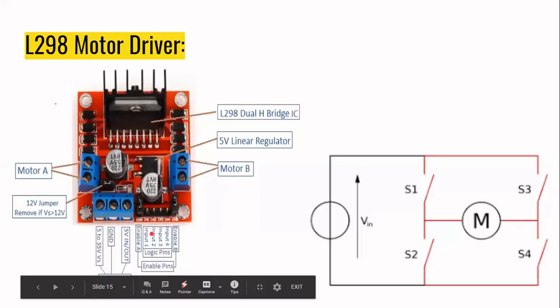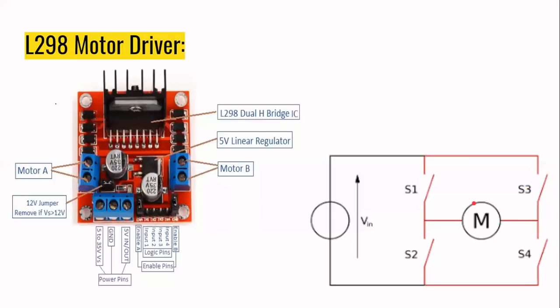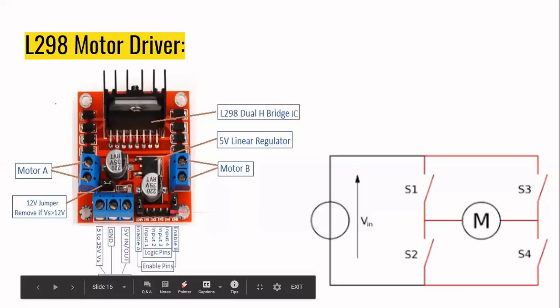But if we make our input 1 and input 2 as 0 1, then it will turn on S2 and S3, and it will make this motor run in anti-clockwise direction. So by changing input 1 and input 2, we can control the direction of the motor, and this enable A pin is used to enable or disable the motor.